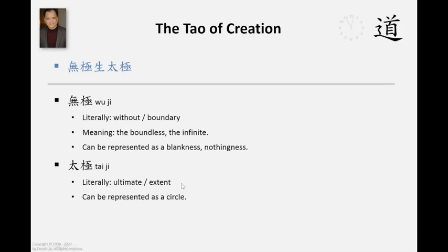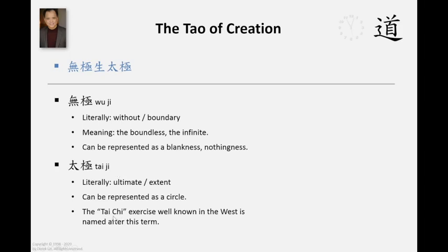This can be represented as a circle. And here's something that I want everyone to know. The Tai Chi that you have seen perhaps people do in a park, slow movements, graceful movements, good exercise, can also de-stress. Tai Chi is actually the older romanization of Taiji.